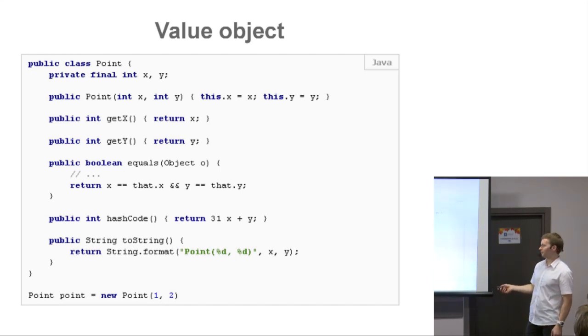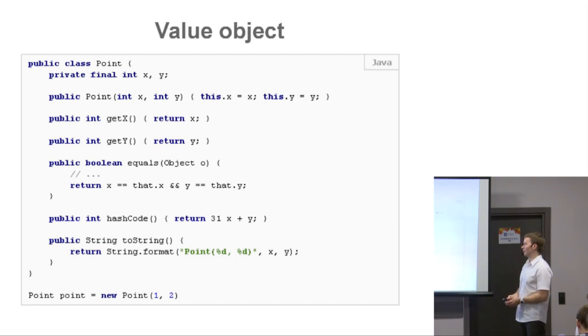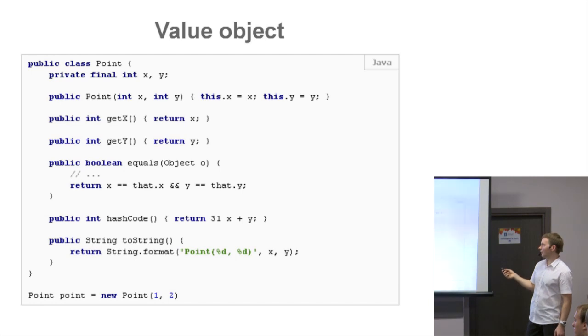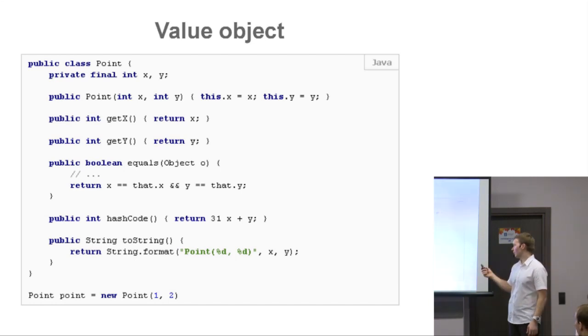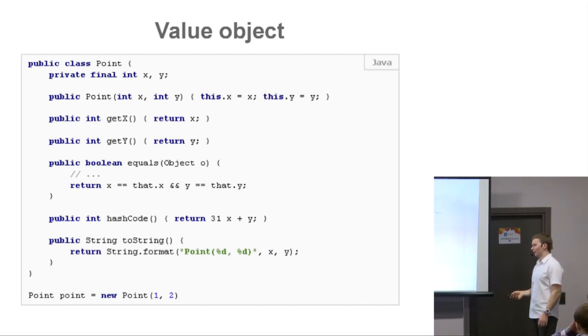Here's an example of a point class that contains two integers, and for such a simple example we have to define many methods and create hash code methods, string and equals methods, and when we change something, for example, add another field or change the type of properties, we have to update everything that we have written.